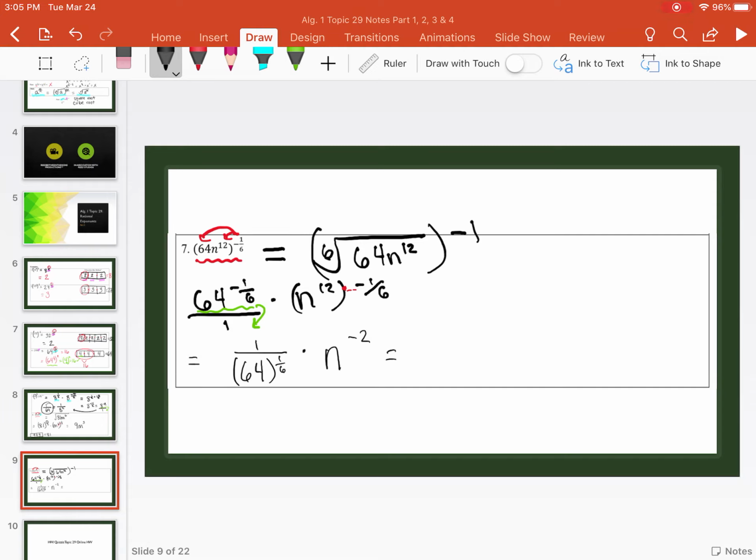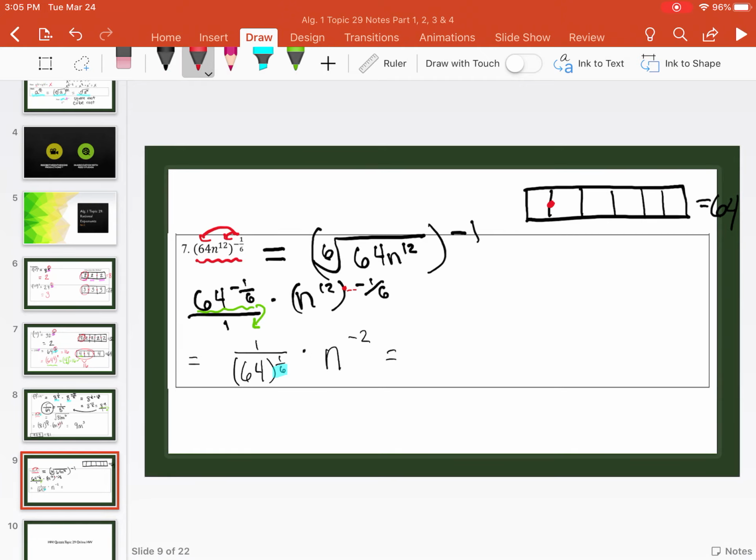So if we go back to our coefficient, we have 1 over 64 to the 1/6. So let's have our chocolate bar. We want 6 sections. So 1, 2, 3, 4, 5, 6. And we want it to equal 64.